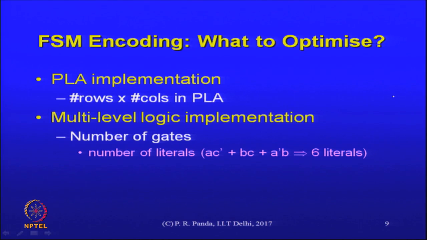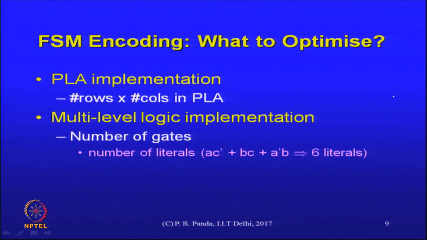Number of gates is an interesting low level metric that one can try and anticipate. Often the proxy that is used at a high level for estimating the number of gates is the number of literals I have in an expression.